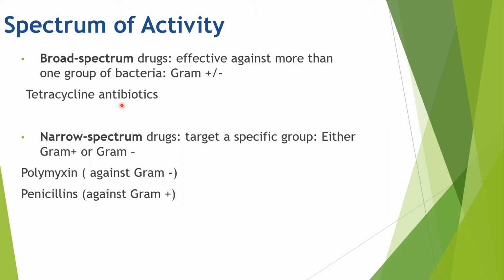Now, narrow spectrum, on the other hand, those are antibiotics that are going to be effective only against one group of bacteria, either gram-positive or gram-negative. Now, the thing is, though, some narrow spectrums, so for example, penicillin, okay?